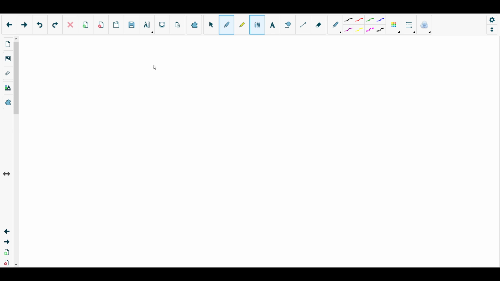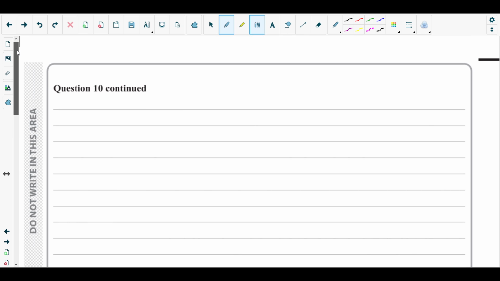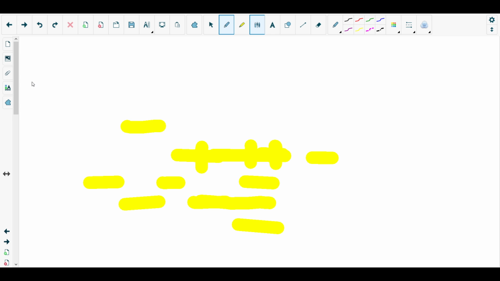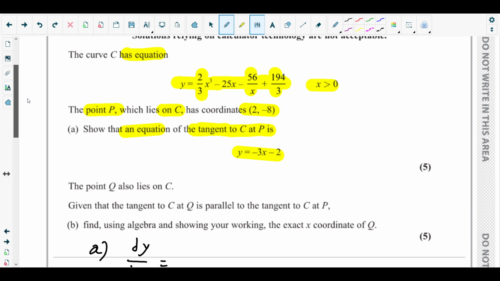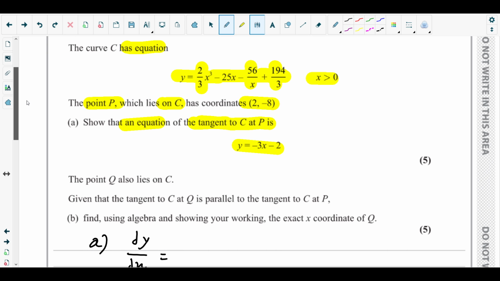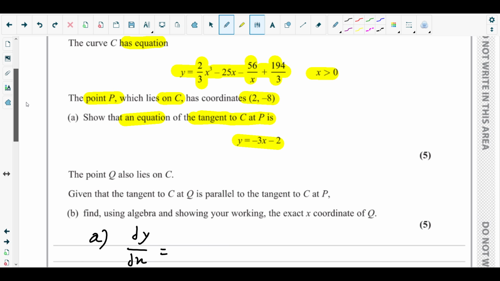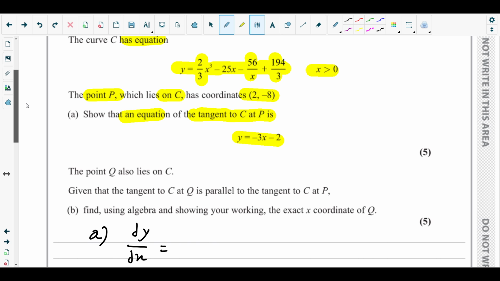So let's do that. At first we will differentiate the equation of curve C, y equals to, and we need dy over dx, the derivative of the curve C. In differentiation, we multiply the coefficient by the power of the variable. Here the variable is x.